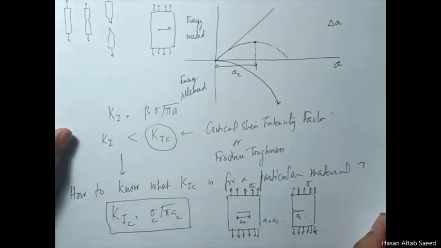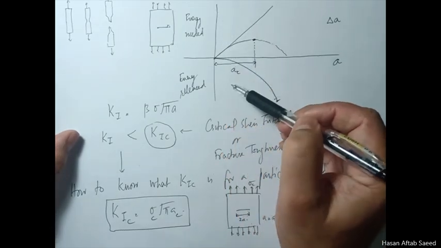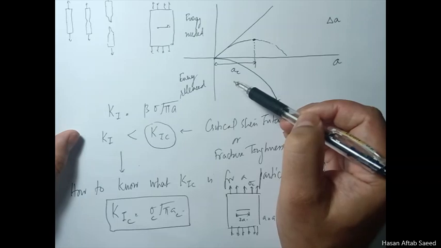Now, the third question probably was the most pertinent of all, and it directly leads to our next topic. The third question was, again referring to our figure, if we know so much about the critical crack length for a certain stress level, obviously all cracks start their life as a baby.